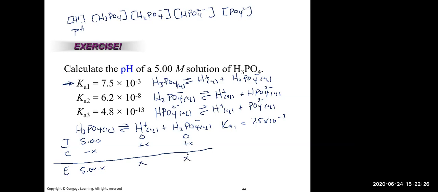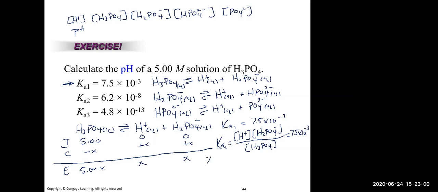So the ice table here is just like all the other ones that we've done. We're going to go into our Ka1 expression, which is our products over reactants. And we're going to stick our numbers in there.